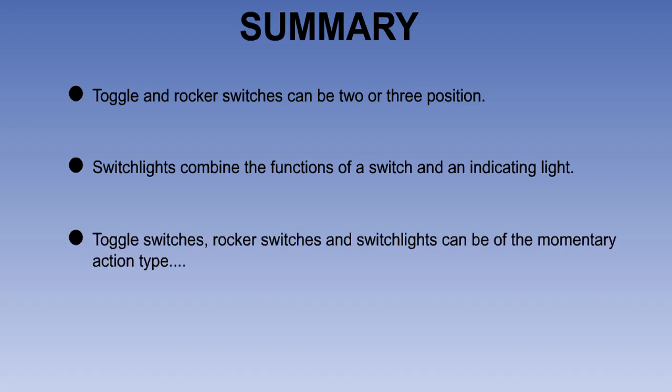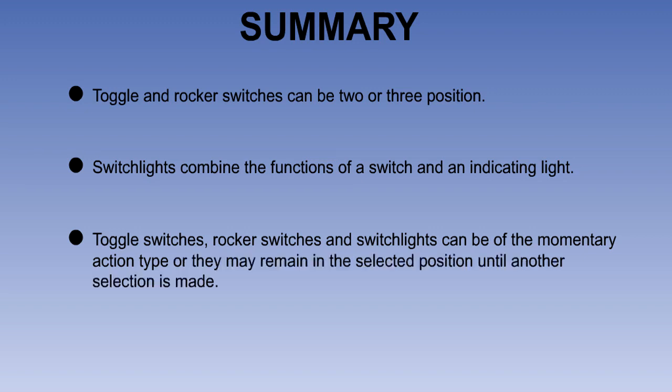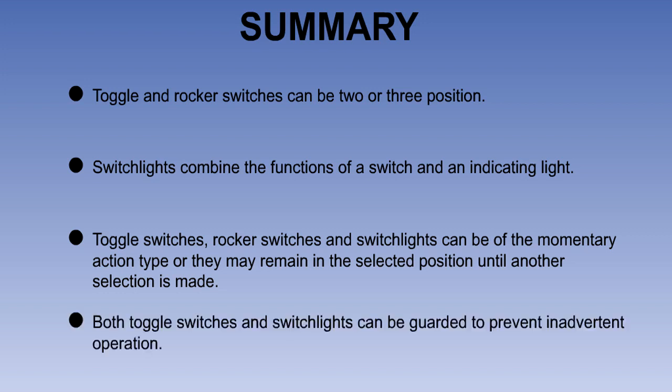Toggle switches, rocker switches and switch lights can be of the momentary action type, where the switch is only closed while the operator maintains finger pressure, or they may remain in the selected position until another selection is made. Both toggle switches and switch lights can be guarded to prevent inadvertent operation.